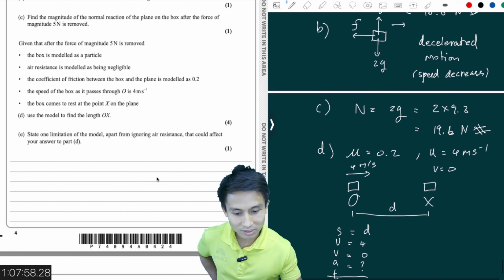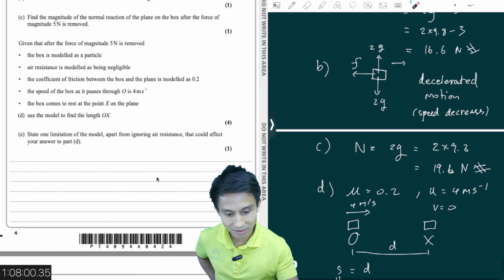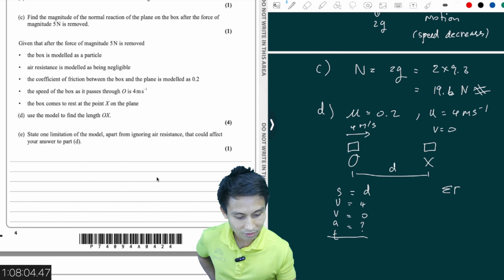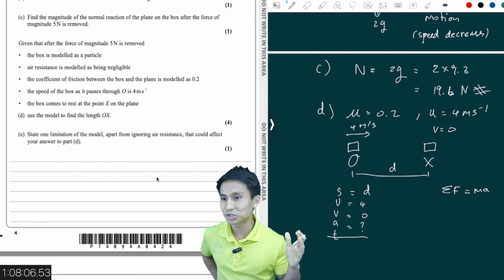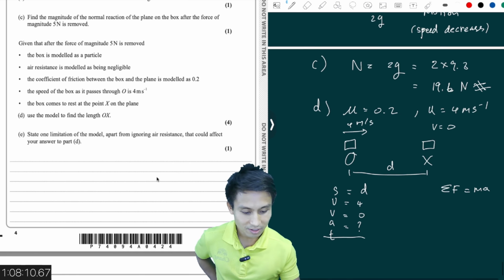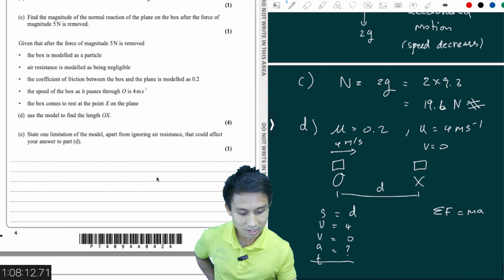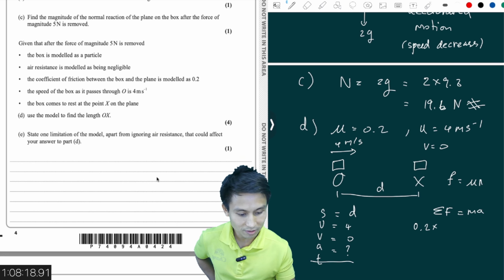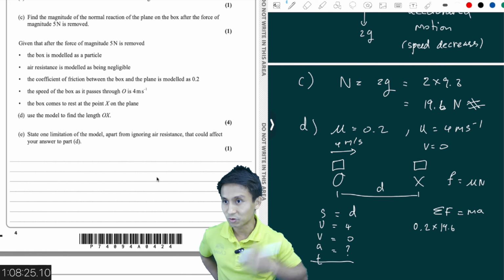So the deceleration is from the dynamics of the particle here. Well, sigma F equals ma. Again, as I mentioned, the only force acting on the particle would be the friction. Friction equals mu N. So mu is 0.2 and N was 19.6 because the force has been removed, remember.